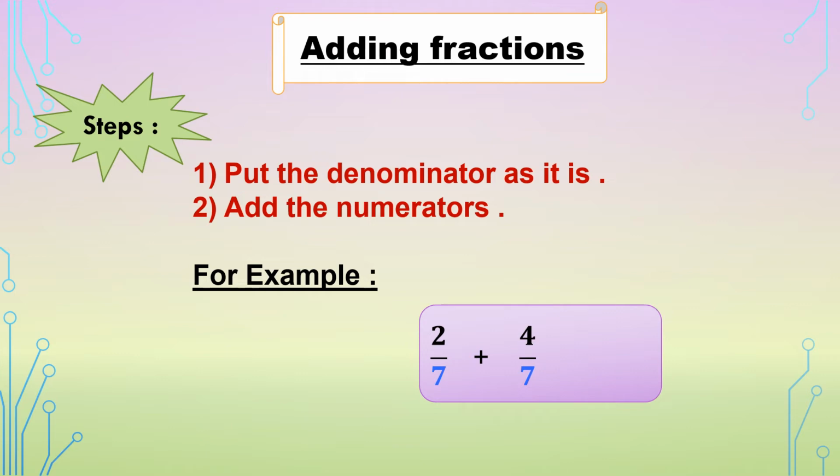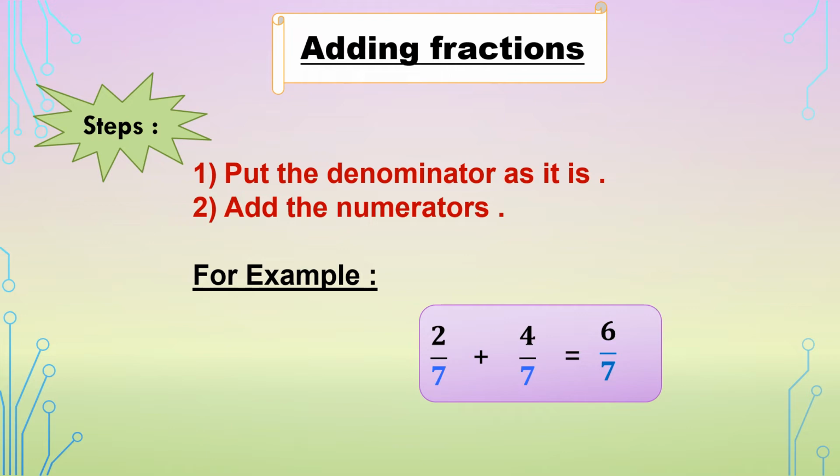So put the denominator as it is, 7, no change. And add the numerators together. 2 plus 4 equals 6. So the result will be 6 over 7. Again, 2 over 7 plus 4 over 7. Here we have the same denominators. What shall we do?